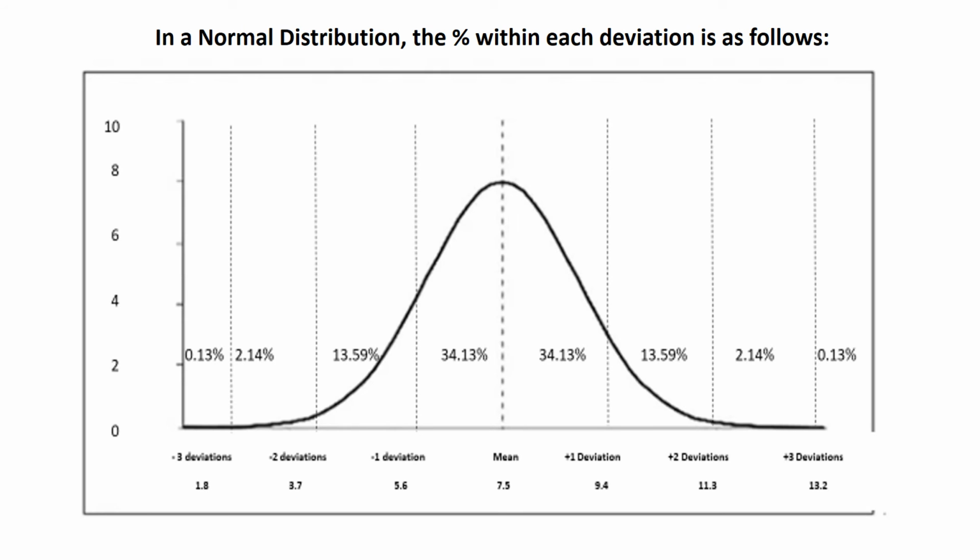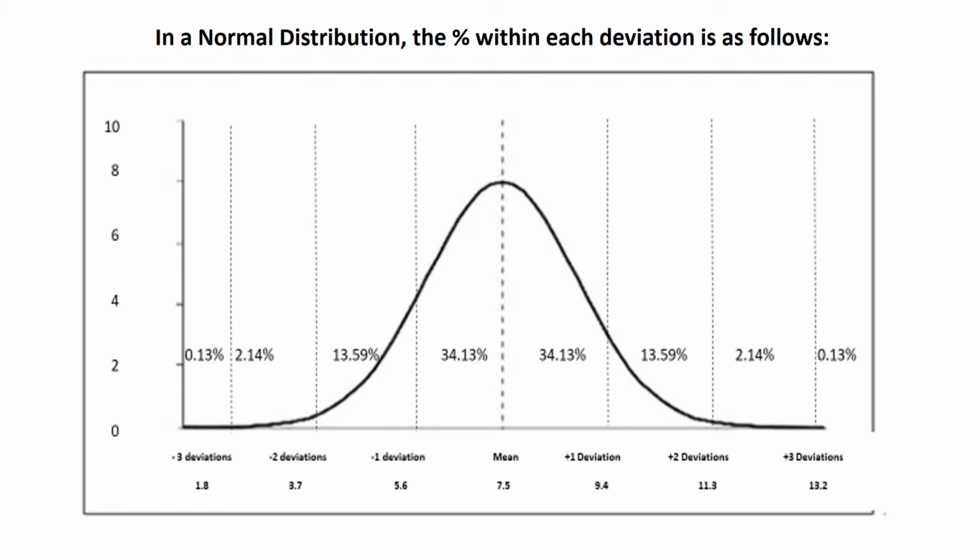Now, when we look at these, what we're looking at here for a normal standard deviation for a normal distribution, in other words, normally distributed, is from the mean to plus one deviation is 34.13%. From the mean to minus one deviation is also 34.13%. So in other words, 68% falls from -1 to +1 deviation.